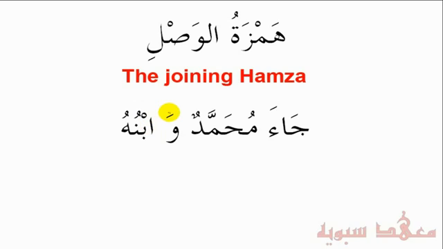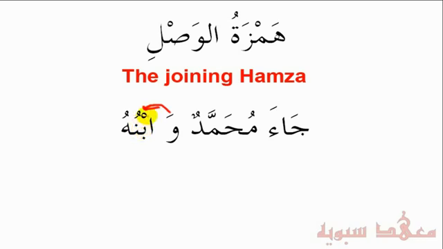We go straight to the ba. So it's wabnuhu. It's not wa ibnuhu, it's wabnuhu. It's like it joins the waw to the word ibn. And that's why they call it the joining Hamza.